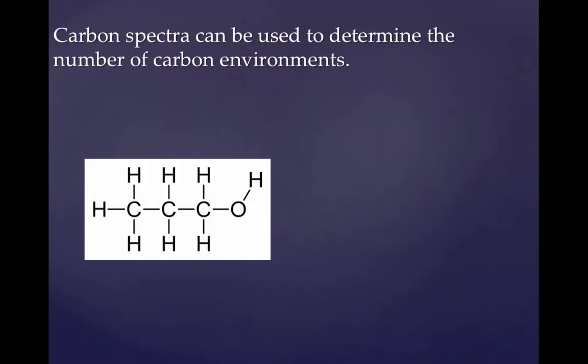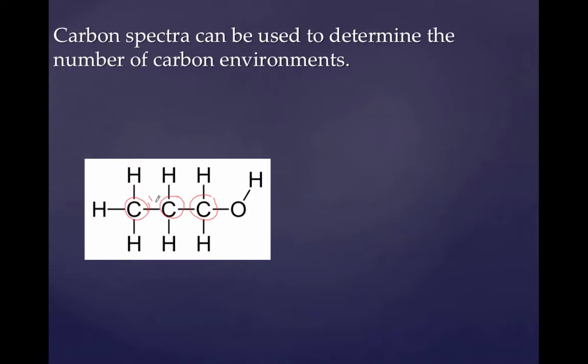Here we have propan-1-ol. You can see that none of the carbon atoms here are in the same environment. This carbon atom is bonded to 2 hydrogen, OH, then CH2CH3. This carbon here is bonded to 2 hydrogen, CH2OH and CH3.